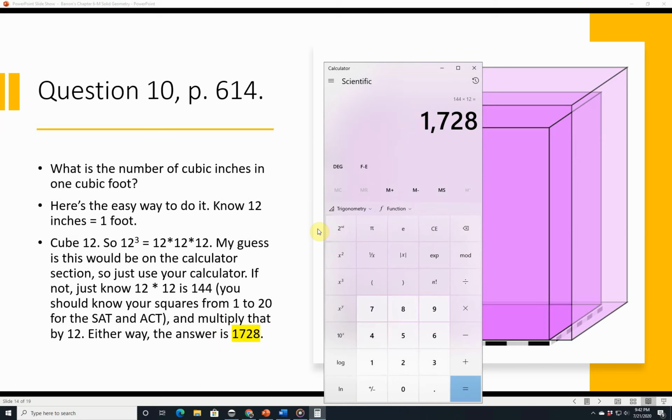If it turns out that it's on a non-calculator section, you should know that 12 times 12 is 144. I strongly suggest you know your squares from 1 to 20 for the SAT or the ACT, or at the very least up to about 15, and then multiply that by 12. You can take 144 and multiply it by 12, writing it down inside your test booklet if you have to. Anyway, no matter how you do it, the answer is 1728.